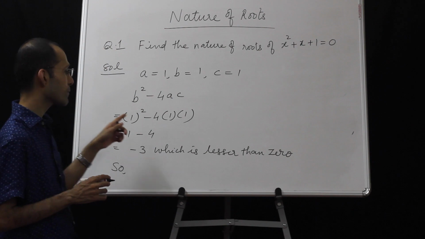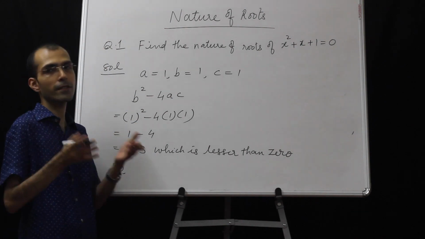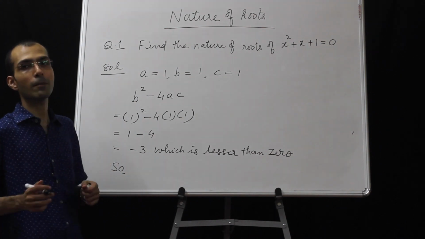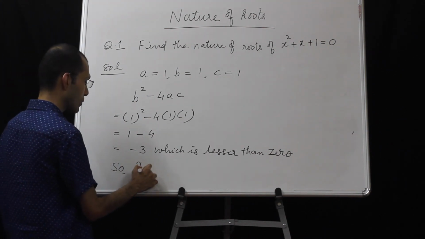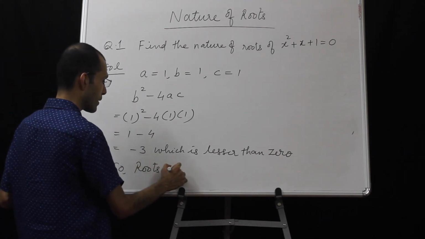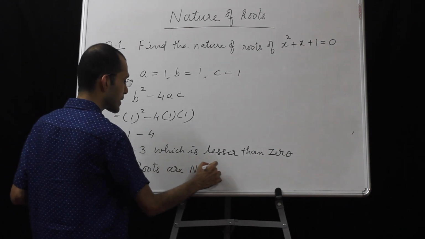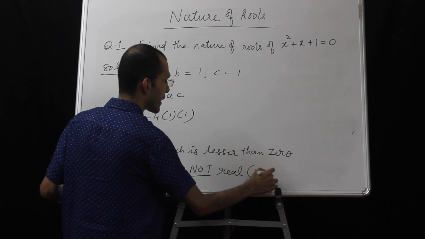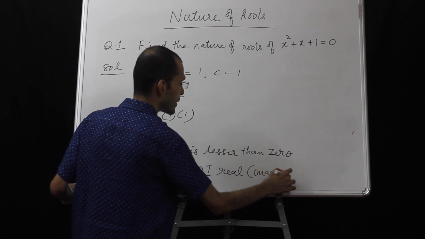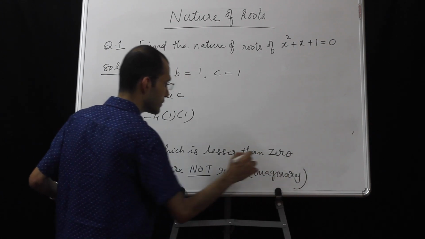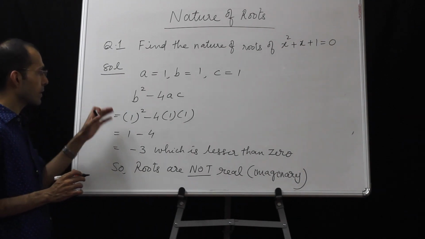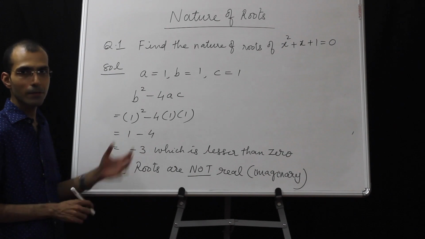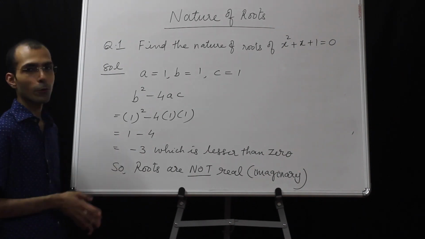If b square minus 4ac is less than 0, meaning negative, which this is, what can we say about the roots? So, roots are not real, in brackets imaginary. Okay with this? So such sums can come for 2 marks, easy, on nature of roots.